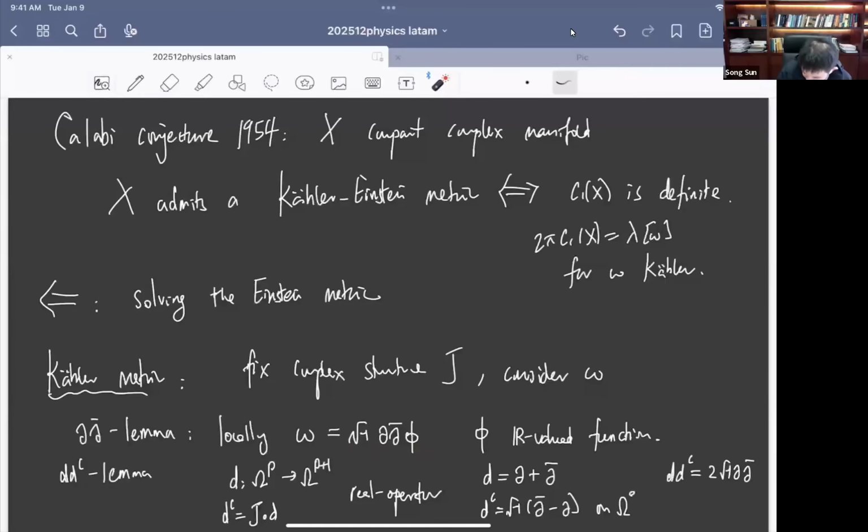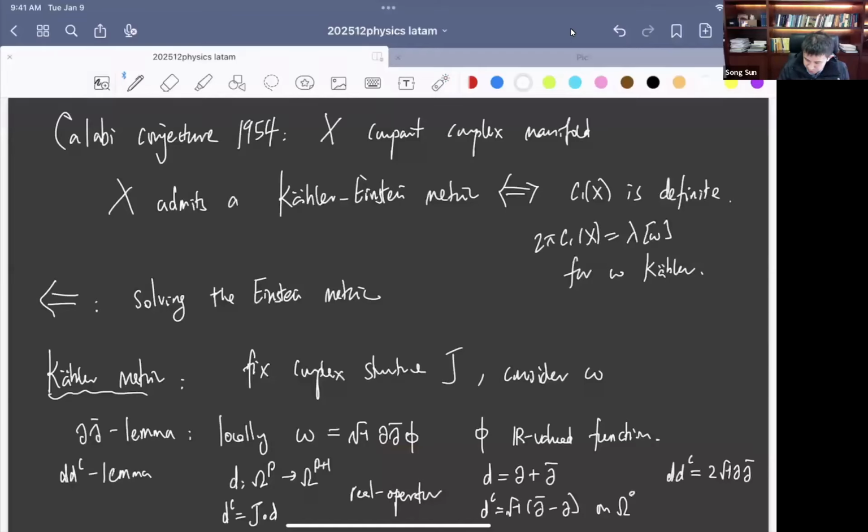Because when you conjugate partial partial bar, it becomes partial bar partial, and they anti-commute, so you put a square root of minus 1 here. That's conjugate. This is a special property of complex geometry or several complex variables. You can always write it this way.